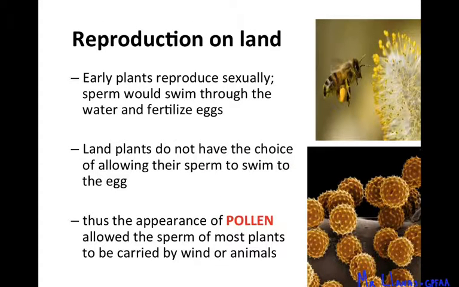Now, reproduction on land, well, that's where flowers came into play, pollen came into play. Okay, so the appearance of pollen showed up, and now pollinators land on the flowers. They get some of the nectar, and this pollen attaches to their butts, and then they go land on another flower, and they can reproduce.